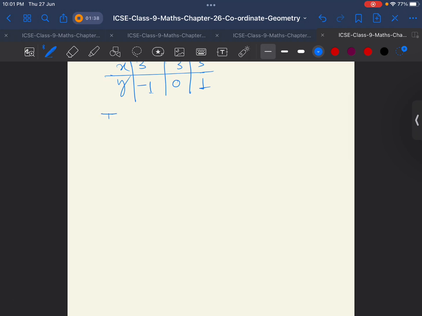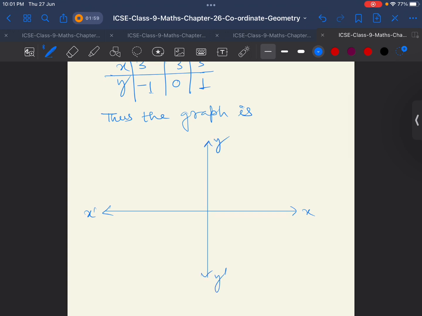So the graph is, and draw x-axis and y-axis. This is x and x dash, this is y and y dash.